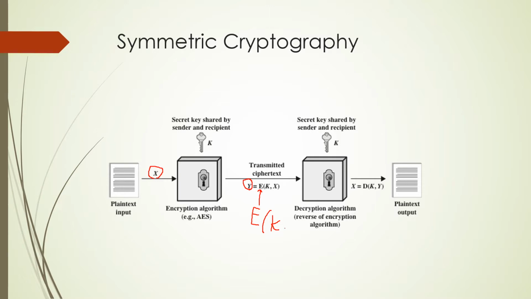And the second parameter of this encryption function is the actual plain text, and this function will return y.